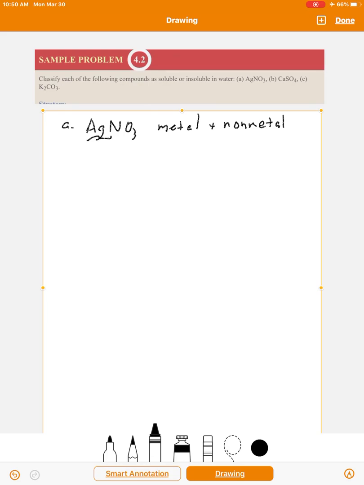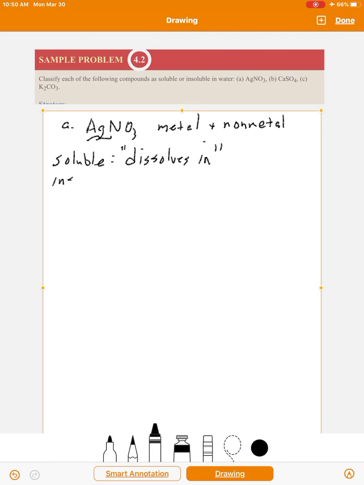Now, to determine whether it's soluble, and remember, the term soluble, all that means is dissolves in. So we know that sugar dissolves in water, right? So it's soluble. But we also know that if you throw a rock into water, the rock just falls to the bottom and it doesn't dissolve.